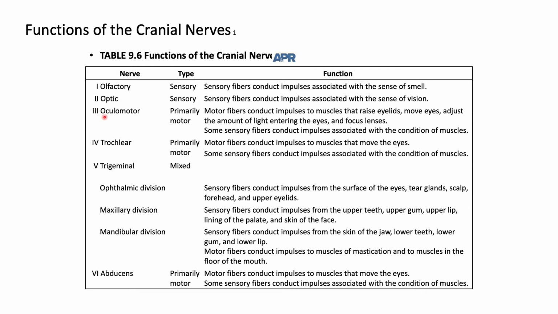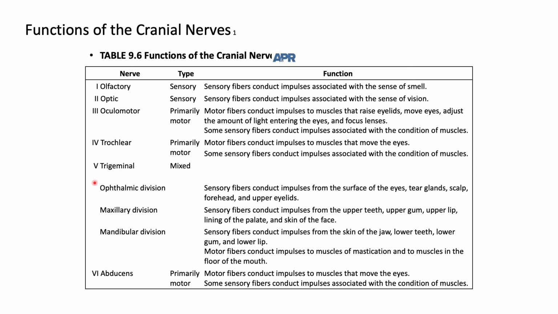Cranial nerve number 3, cranial nerve number 4, and cranial nerve number 6 are involved in the movement of the eyeball, so they basically provide motor input to the muscles which are responsible for eyeball movement. These nerves are called the oculomotor nerve (number 3), the trochlear nerve (number 4), and the abducens nerve (number 6).